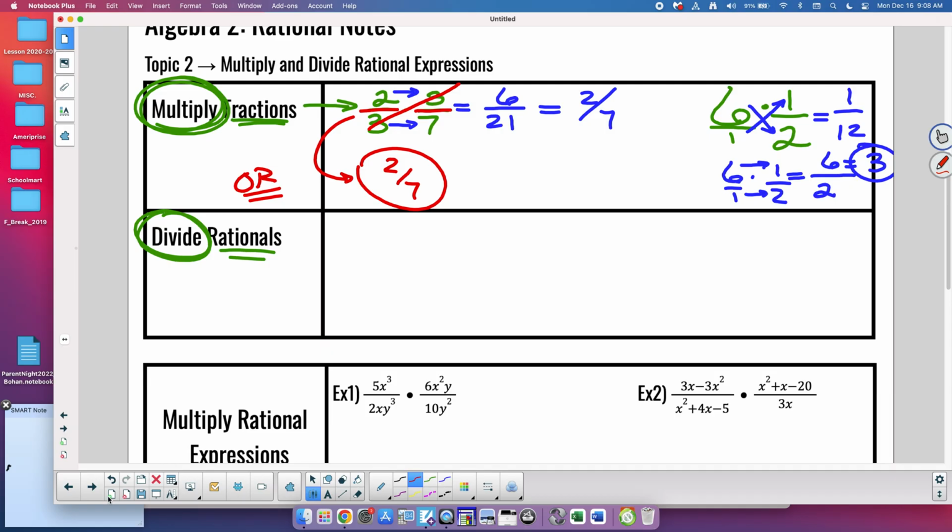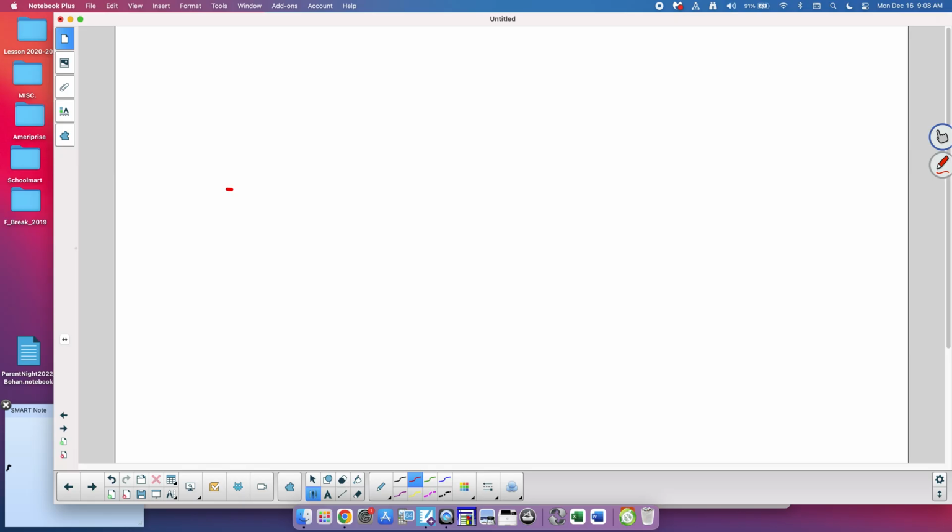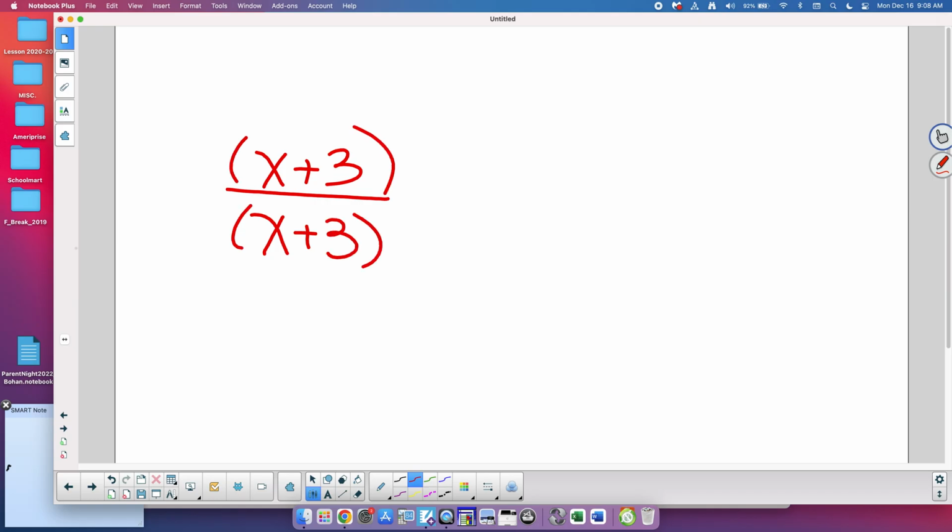Do you remember this from Friday? If you have a binomial x plus 3 over a binomial x plus 3, what happens? It's the exact same number. It just cancels out. You put 1 over 1. If you had a monomial in front of it, 3x over 9, let's just say x.